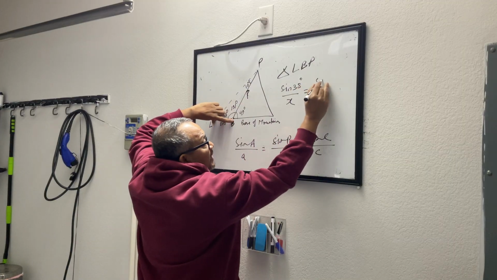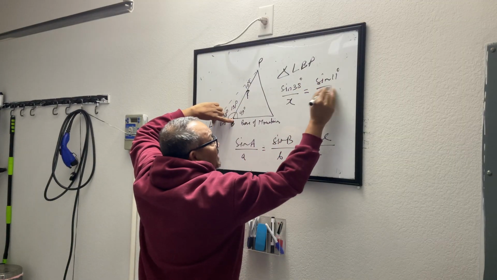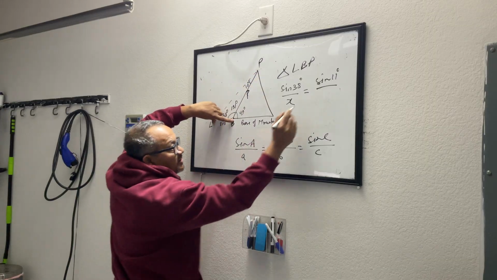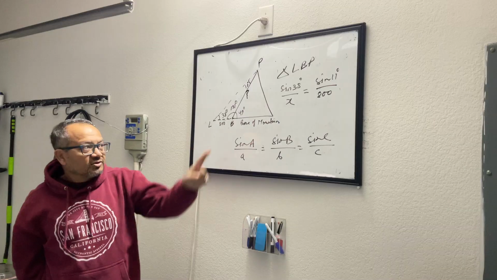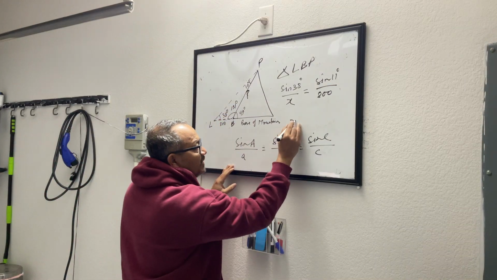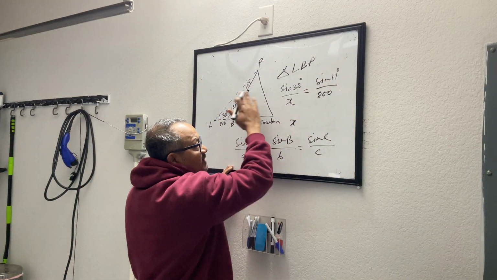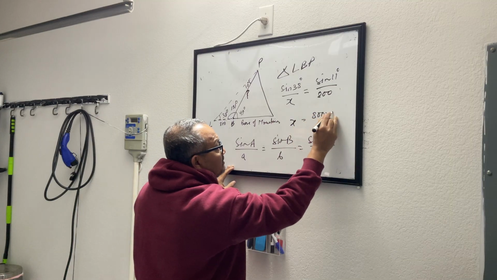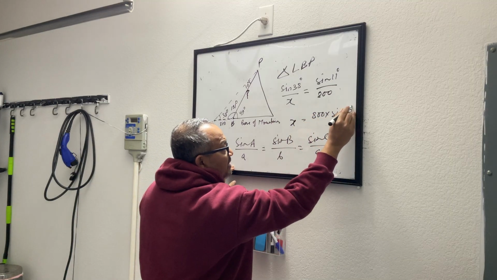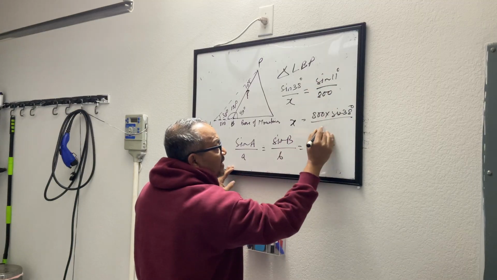So sine of 11 degrees divided by 800. So from that I can find out x: everything else comes to this side. x equals 800 times sine 38 degrees divided by sine 11 degrees.